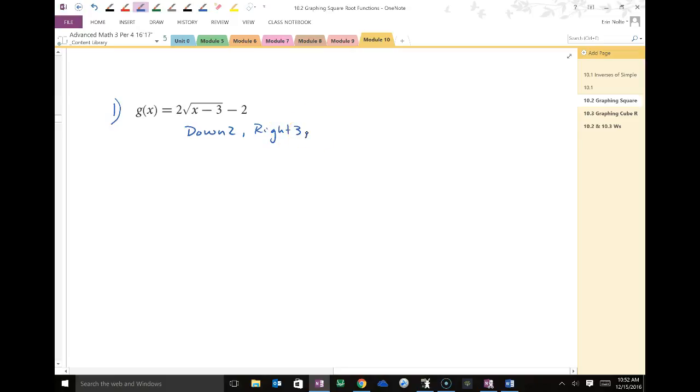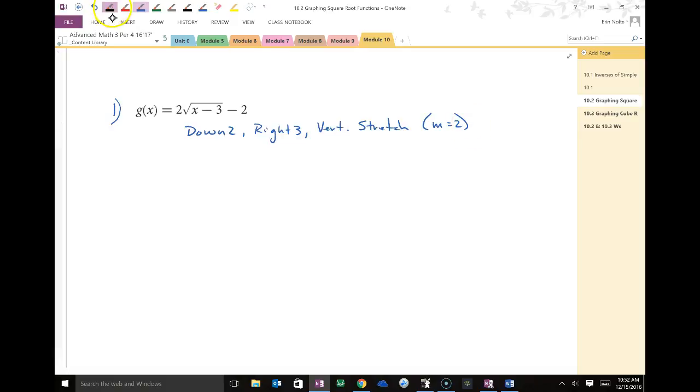And then what is that 2 that's out in front going to do? It's the slope. So technically we would call that a vertical stretch. But we can still be thinking that this has this idea of a slope of 2.